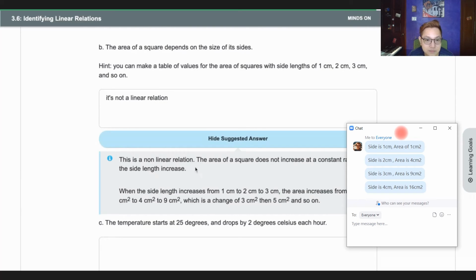So this is a non-linear relation. The area of the square does not increase at a constant rate as the side length increases. When the side length increases from 1 centimeter to 2 centimeters to 3 centimeters, the area increases from 1 square centimeter to 4 square centimeters to 9 square centimeters, and so forth.